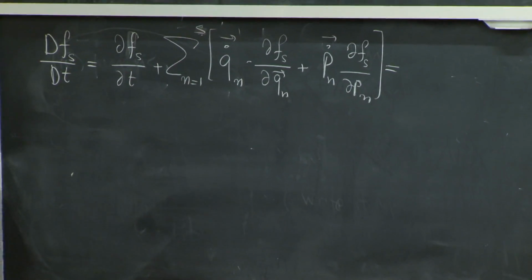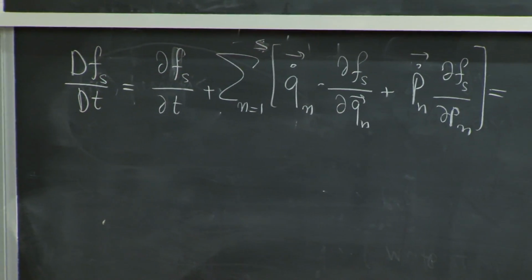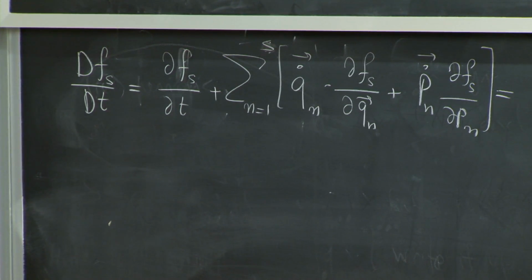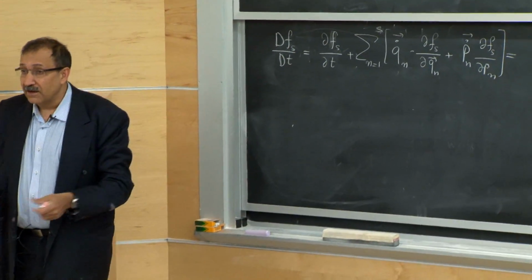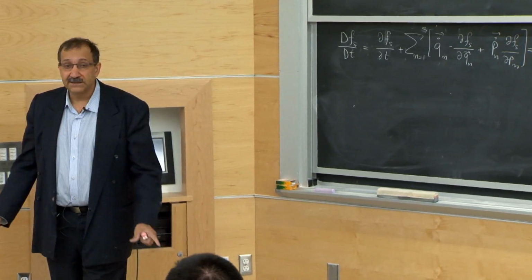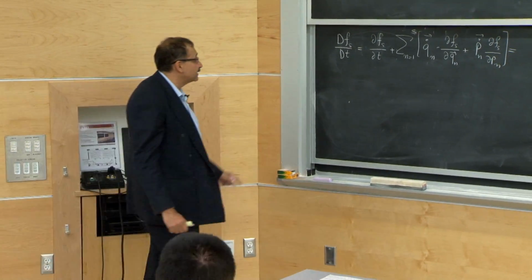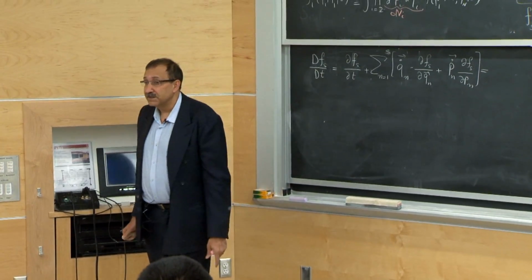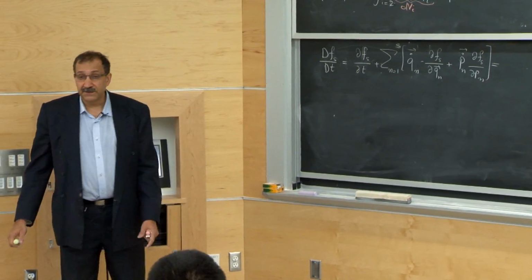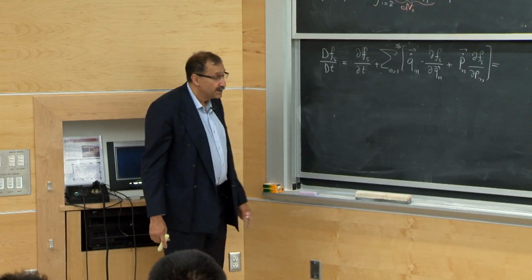Basically, if I just look at the coordinates that appear here and say, following this as they move in time, there is the explicit time dependence and all of the implicit time dependence. This would be the total derivative moving along the streamline.